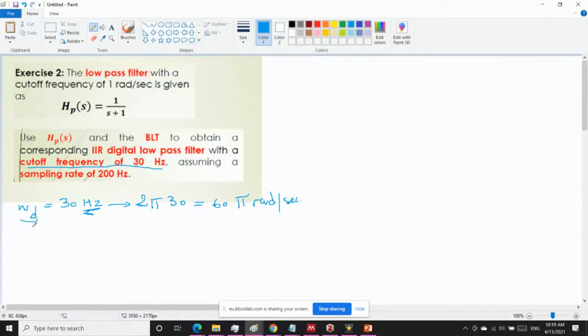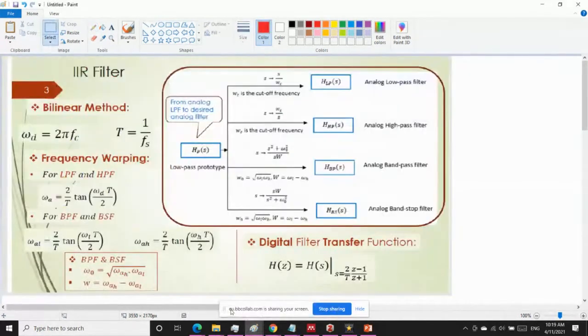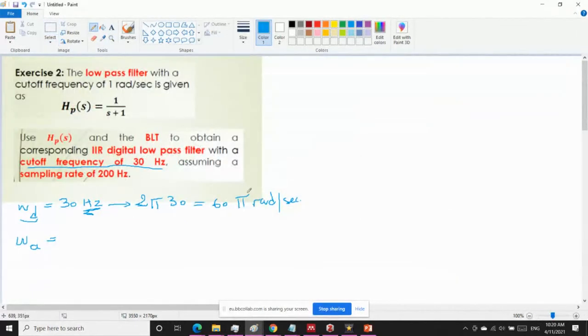So this is digital. We need to find the analog cutoff frequency. Doctor, isn't the sampling frequency 2 pi? Yes, it corresponds to 2 pi. So I would expect this to be less, since 60 pi is bigger than the sample rate.